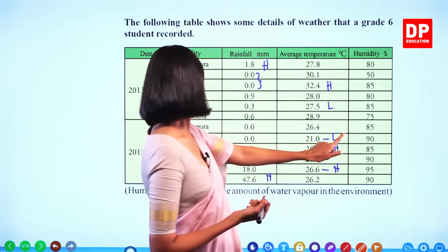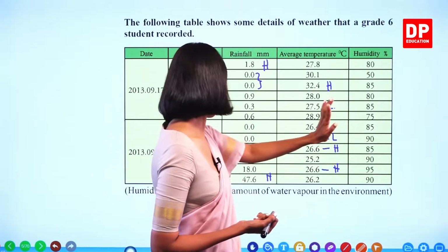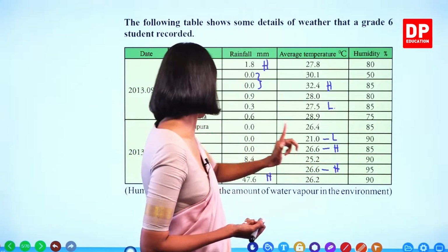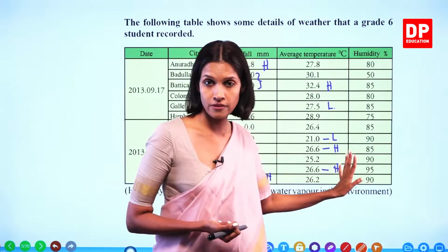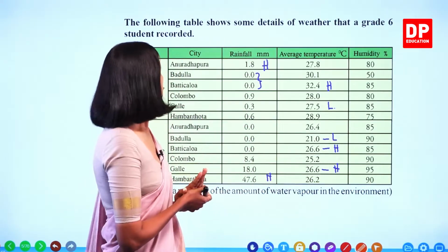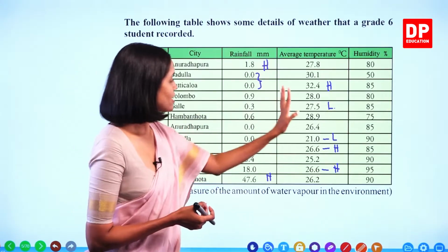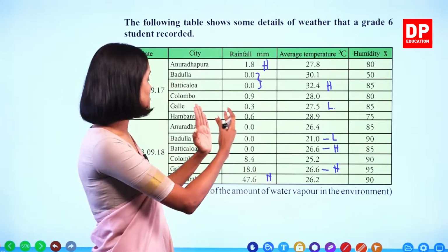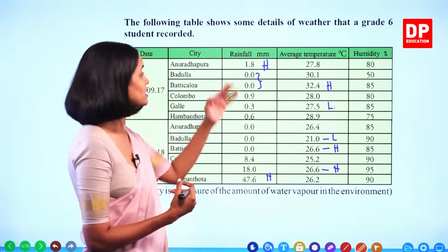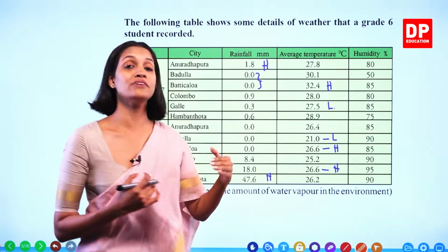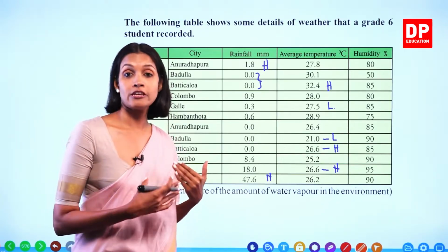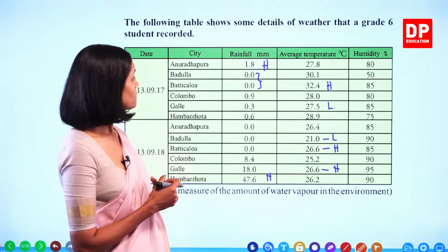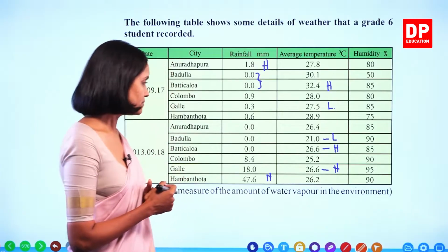And Batticaloa 85%, Colombo 90%, Galle 95% and Hambantota 90%. Right, children? So to compare between different cities, we can use these type of details and we can come to a conclusion about what the weather conditions would be like. We'll move on to the next.